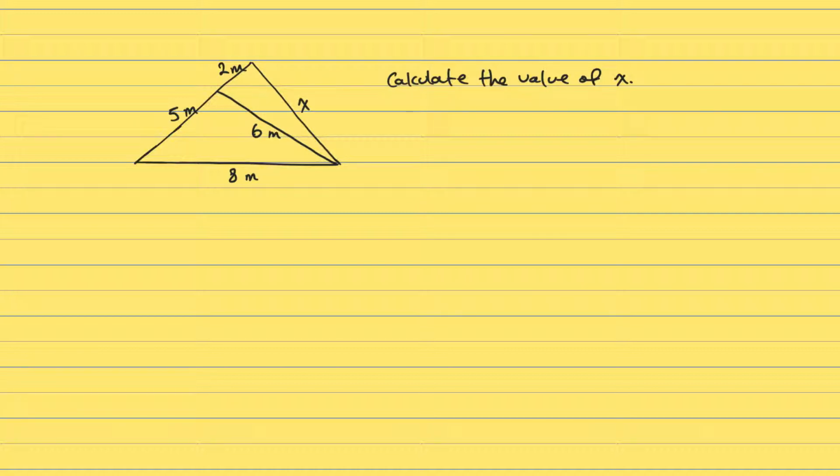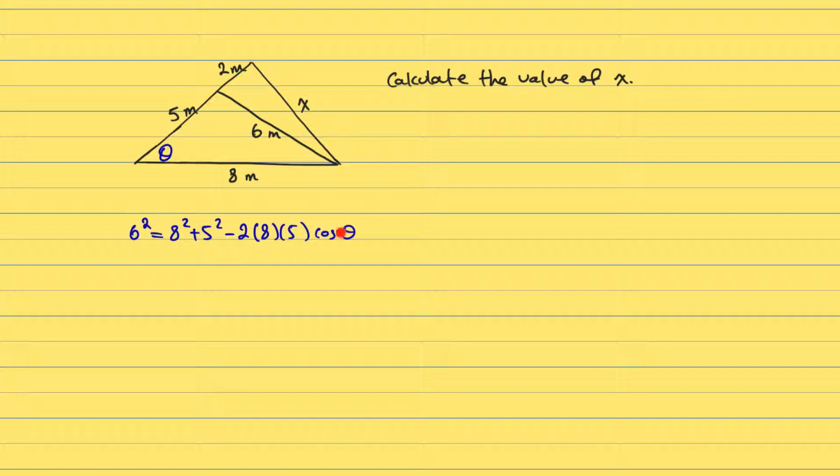So I'm going to label this as theta, and I am going to say that 6 squared is equal to 8 squared plus 5 squared minus 2 times 8 times 5 times the cosine of angle theta. What I've done here is this is the length, this is the length, and this is my angle.